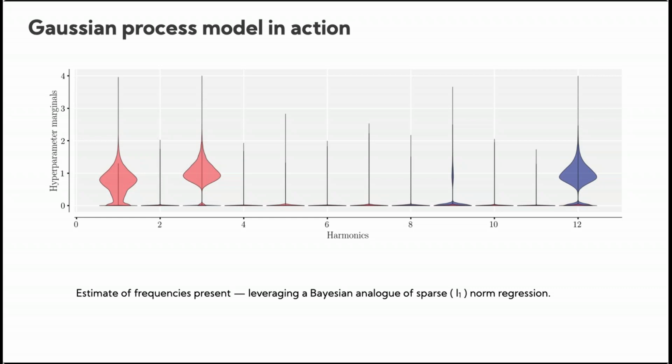There's an analog between what I'm about to describe and compressed sensing or sparse regression, where you have maybe 20 different covariates, but you don't want to use all of them. You'd rather pick the fewest number of covariates possible to explain the data.